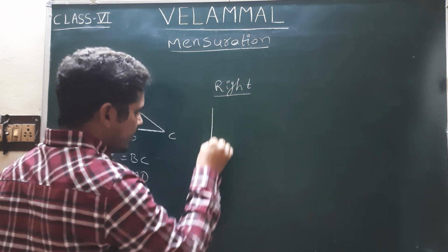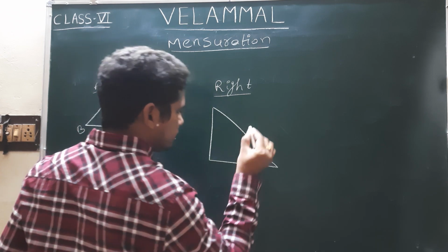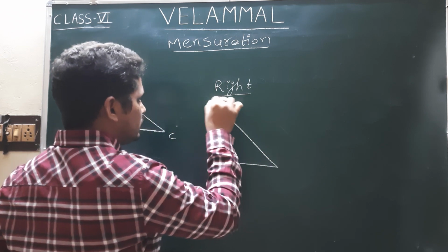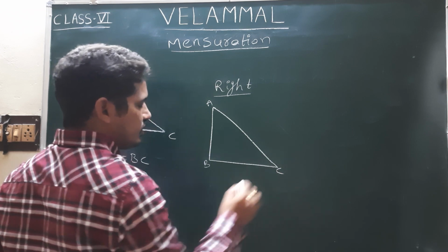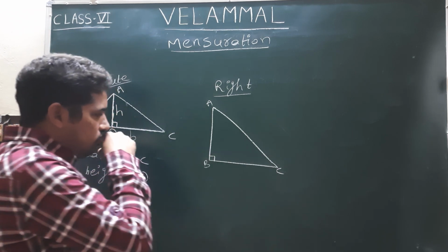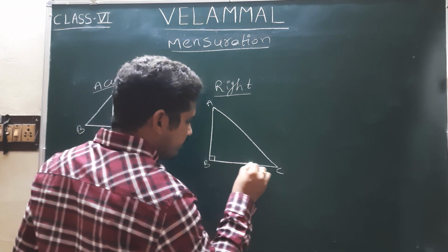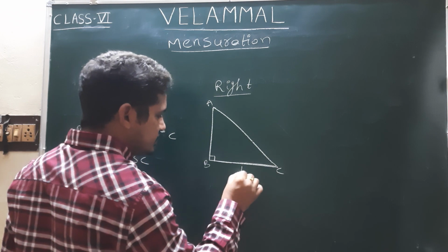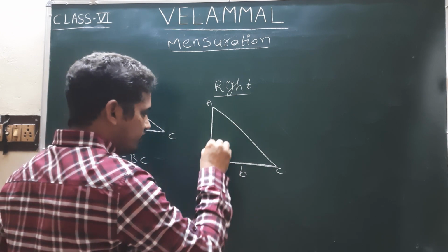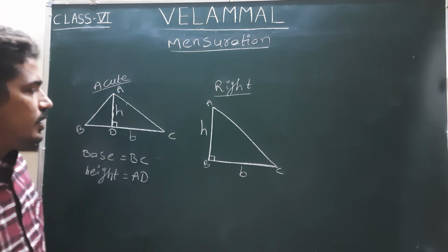For a right angled triangle, we take this as ABC. In this, again BC we will consider as the base, and AB we will consider as the height. Okay.